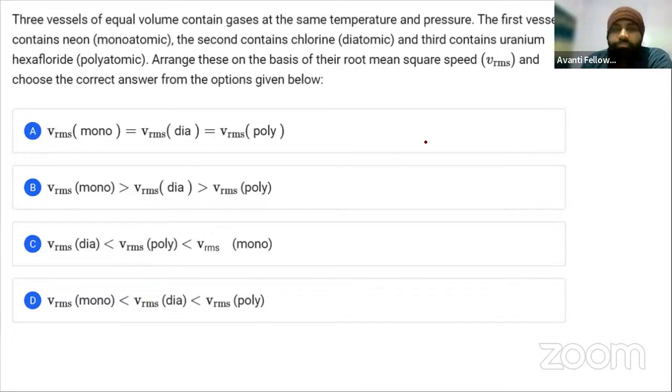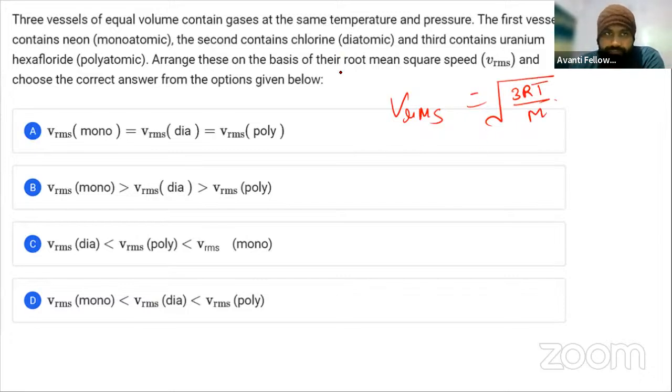Now we know that V_RMS is square root of 3RT upon M. Now this RT you can replace by PV, since PV equals nRT for 1 mole.